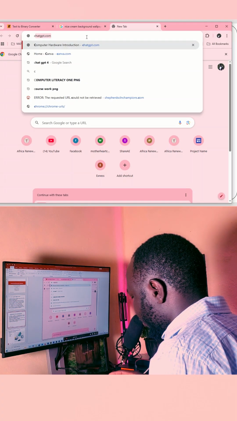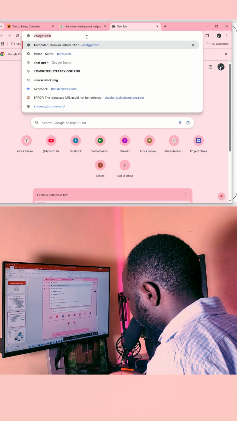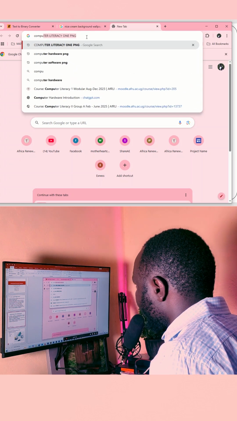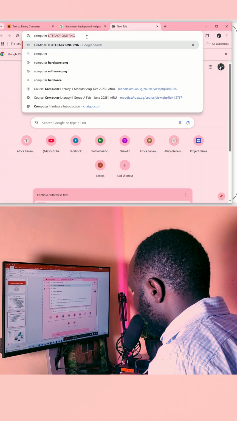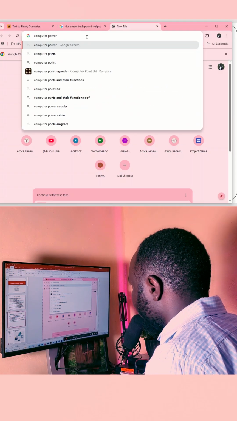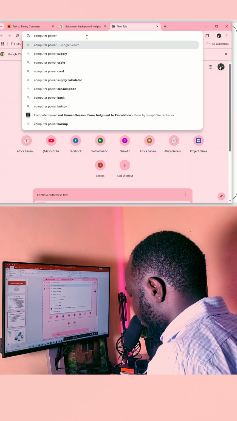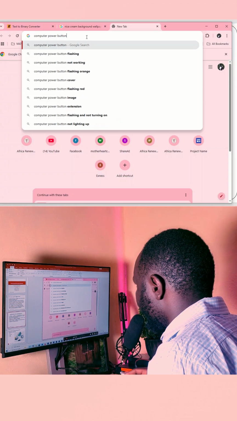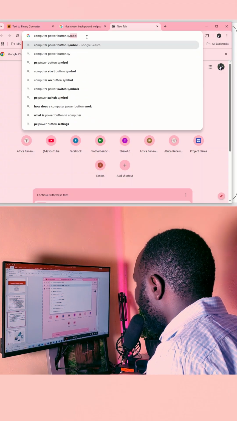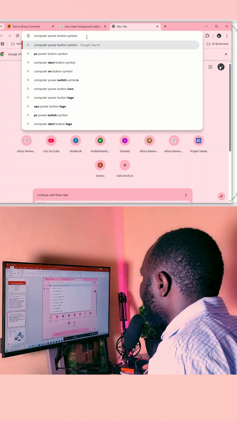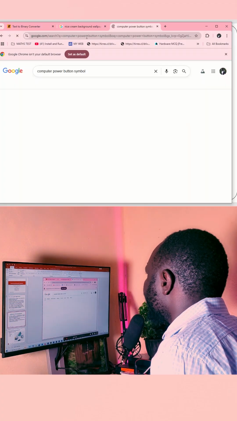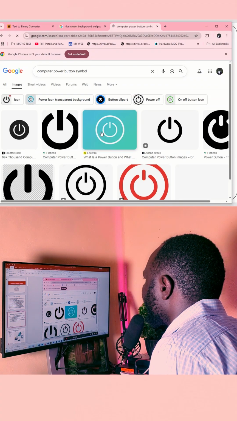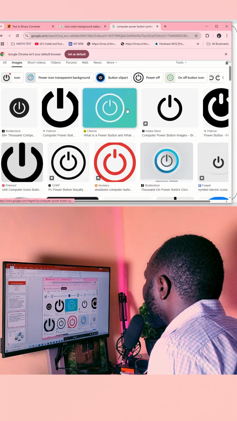Computer power button symbol. Let's try to look at this if they can give us some images about what I'm talking about. Yes, this is what I'm talking about.